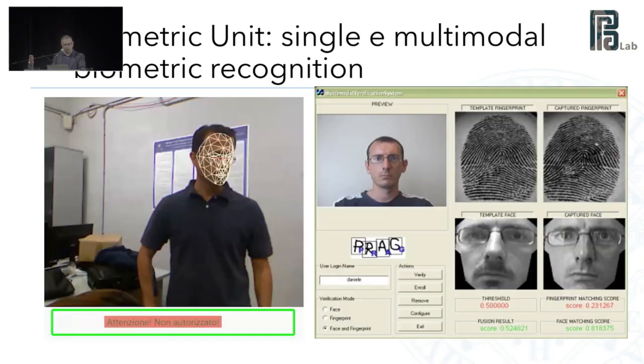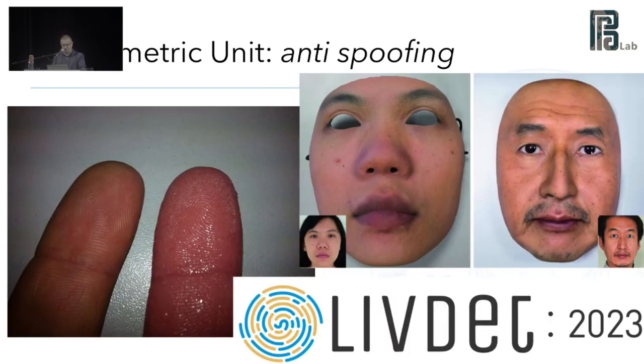Just 2 words about our main research activities. We work on biometrics, and so we develop features and systems to recognize human people.